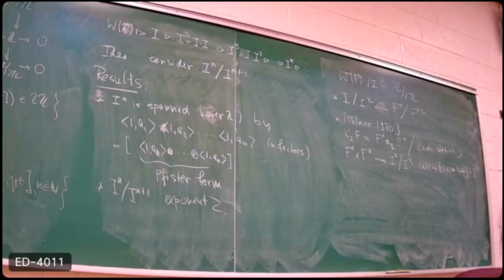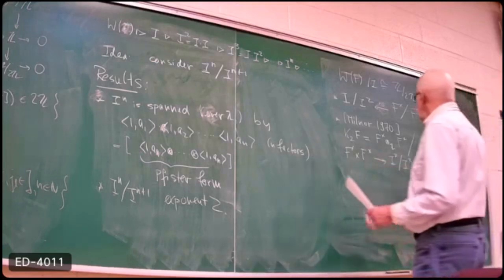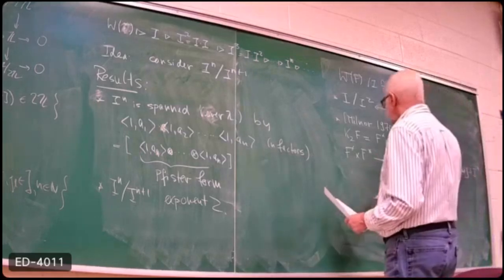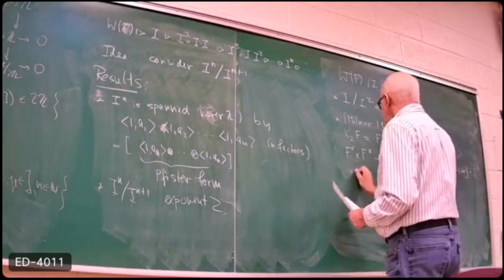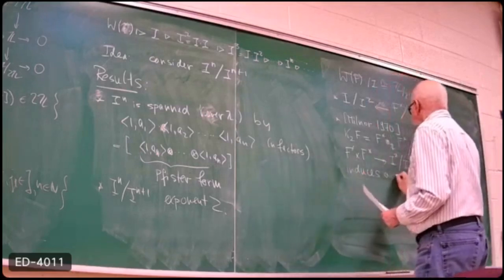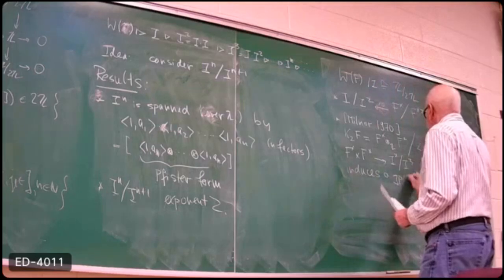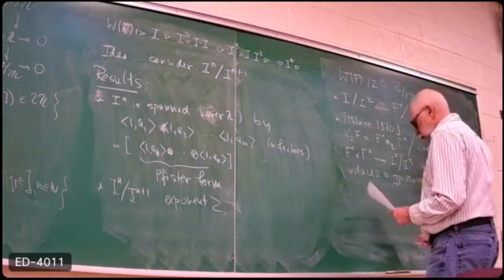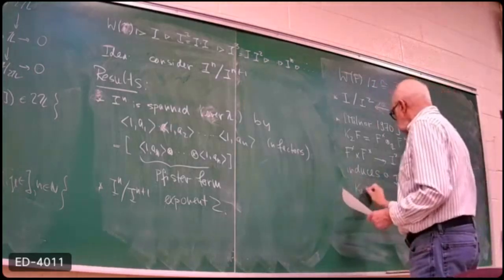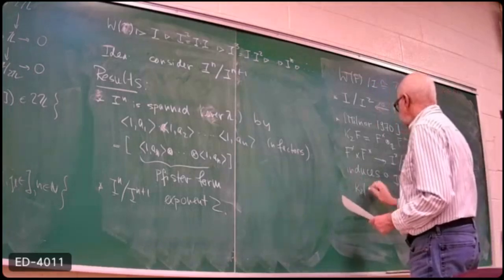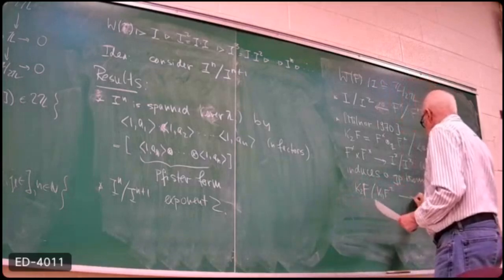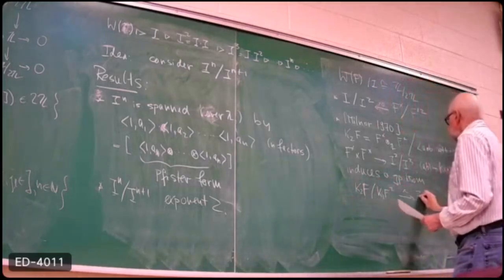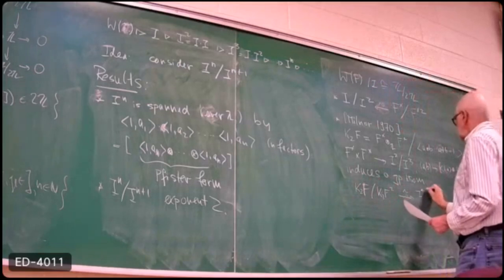The problem is that this is another map. Then I go to its kernel, and this includes a group from K2 of F, which we want to go into I squared onto I2.